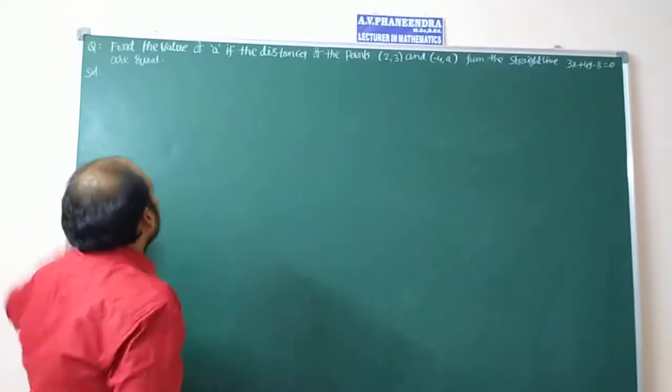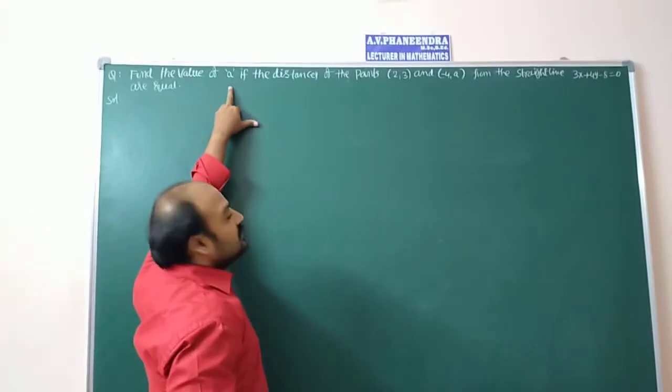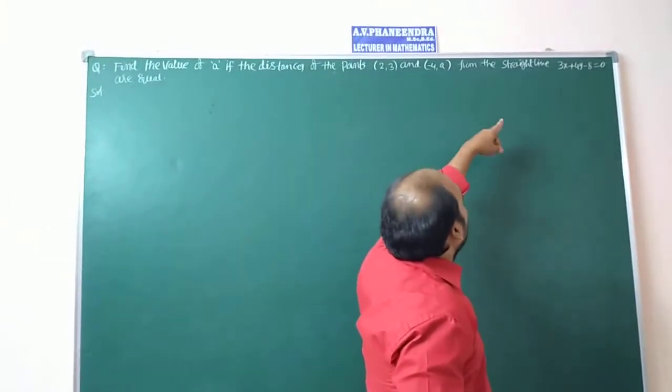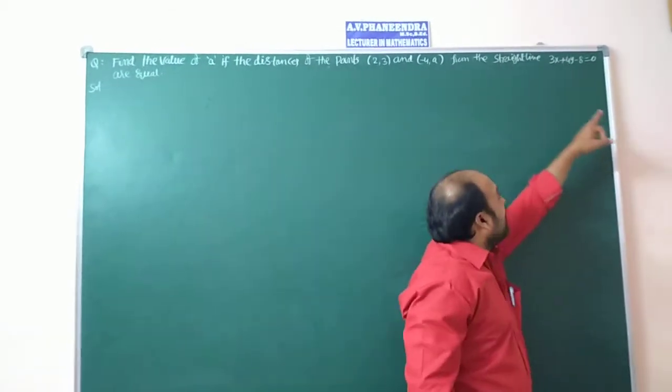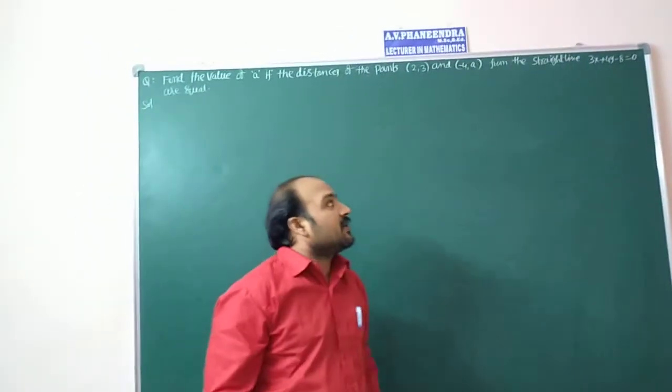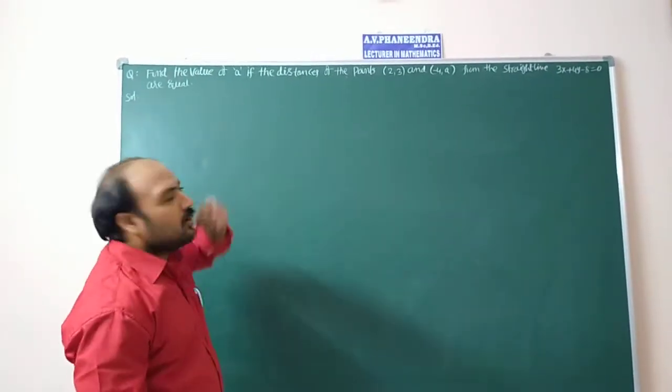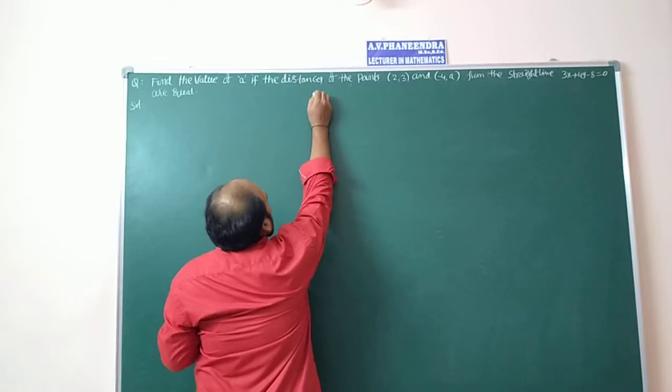Next question. Find the value of a, small a, if the distances from the points 2, 3 and minus 4, a from the straight line 3x plus 4y minus 8 equal to 0 are equal. According to the problem, draw the rough diagram.